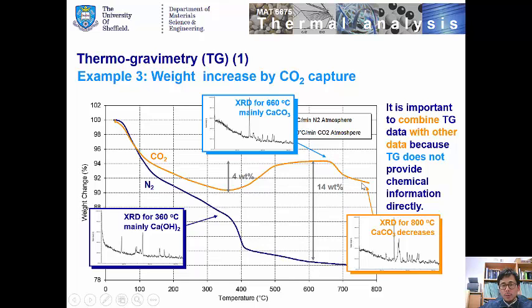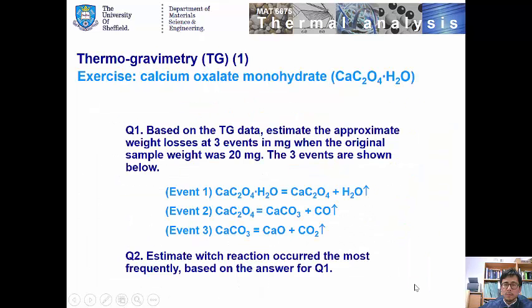So the weight loss here, we can understand this is because of the decomposition of calcium carbonate. So again, this is the advantage of combining this kind of data together with other types of data. So that's the first step of TG.